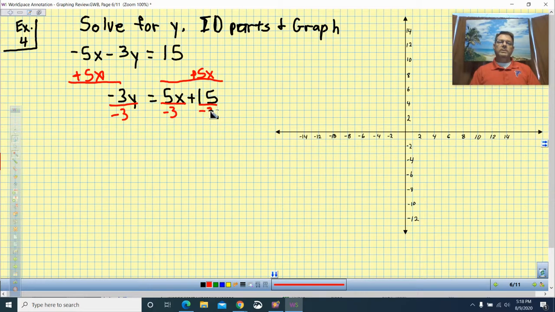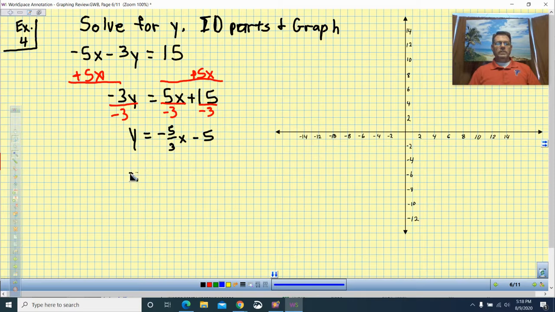Maybe I'm starting to convince you how big those first three steps are. Big deal. Saves you a lot of trouble from going down the wrong path. All right, so this reduces to 1, so we got y equals -5/3x, and positive 15 divided by -3, that'd be -5. Said to ID our parts, right?